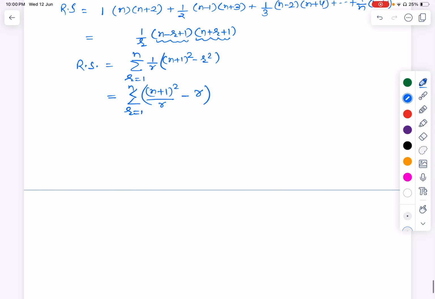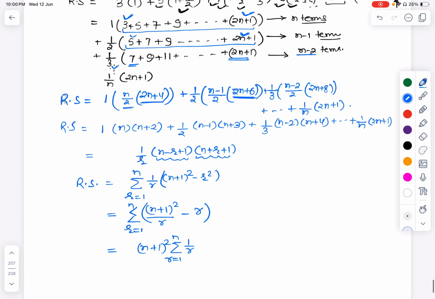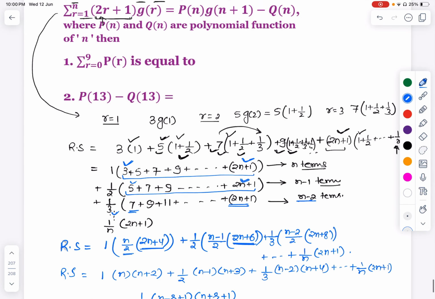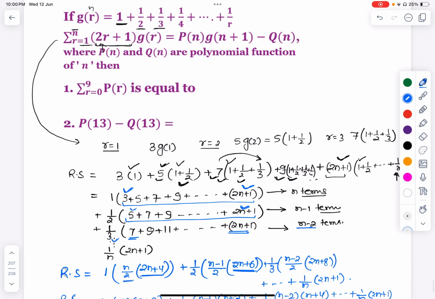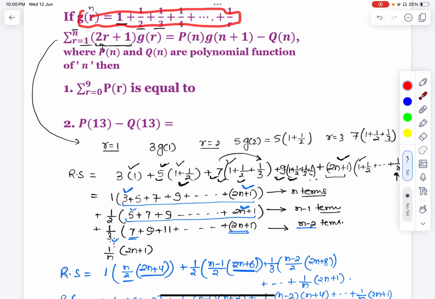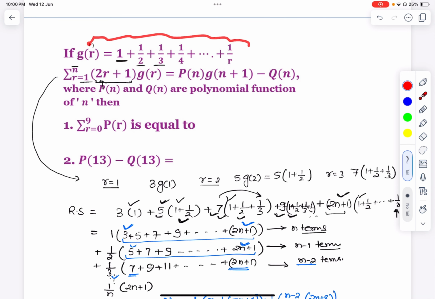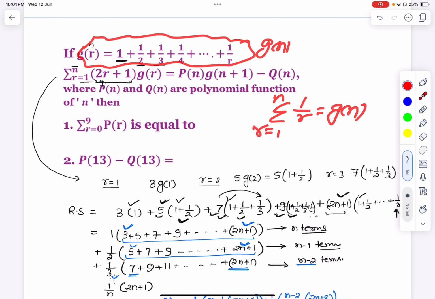Now this (n plus 1) whole square we can take outside, and this summation over 1 by r, r varying from 1 to n, is nothing but it is given that this is f of r. So if it is going from 1 to n, we can write this sum as g of n. So summation over 1 by r, where r is varying from 1 to n, we can write g of n. And we have to express this required sum in terms of P of n into g of n plus 1 minus Q of n.